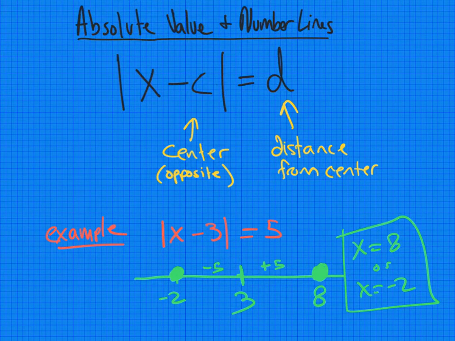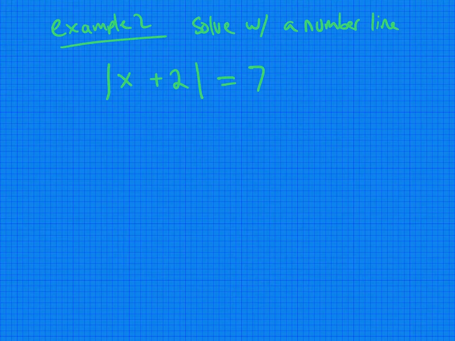Okay, so let's take a look at another one. The problem will often say solve with a number line. So I'm going to draw myself a nice number line here, and I look at the number inside the absolute value to find the center.